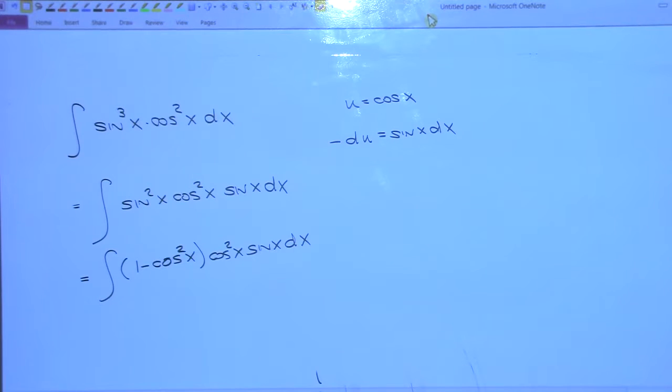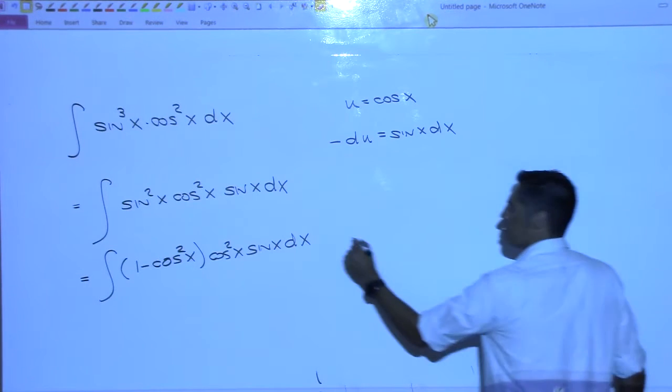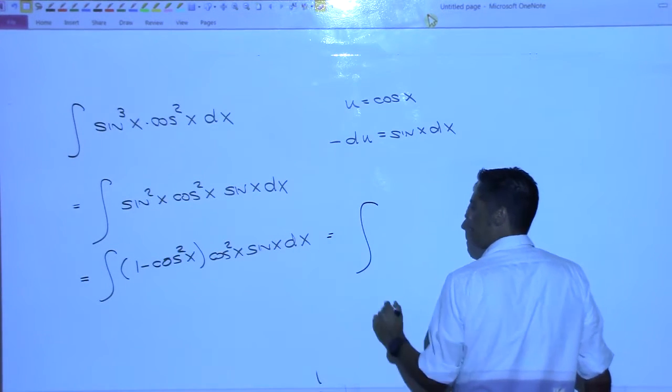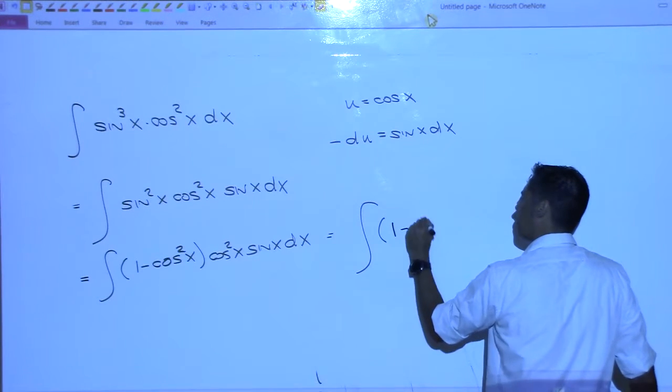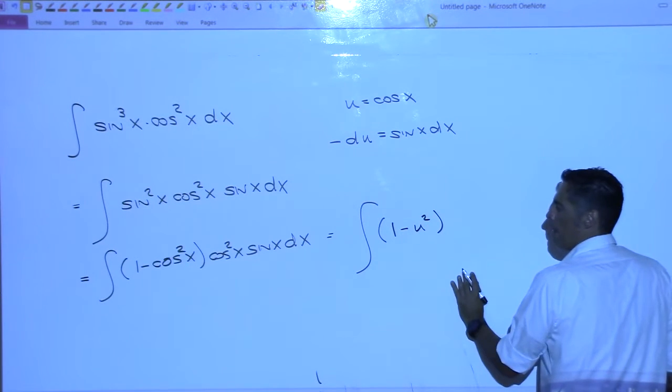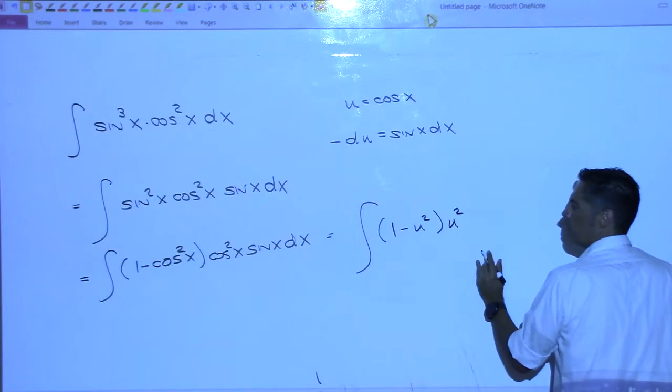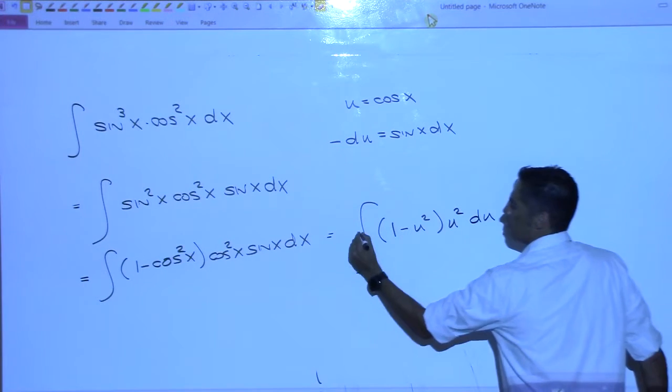And now we can rewrite the problem. What is this new integral in terms of u? 1 minus u squared times u squared du, and a negative, so I'll put the negative out there.